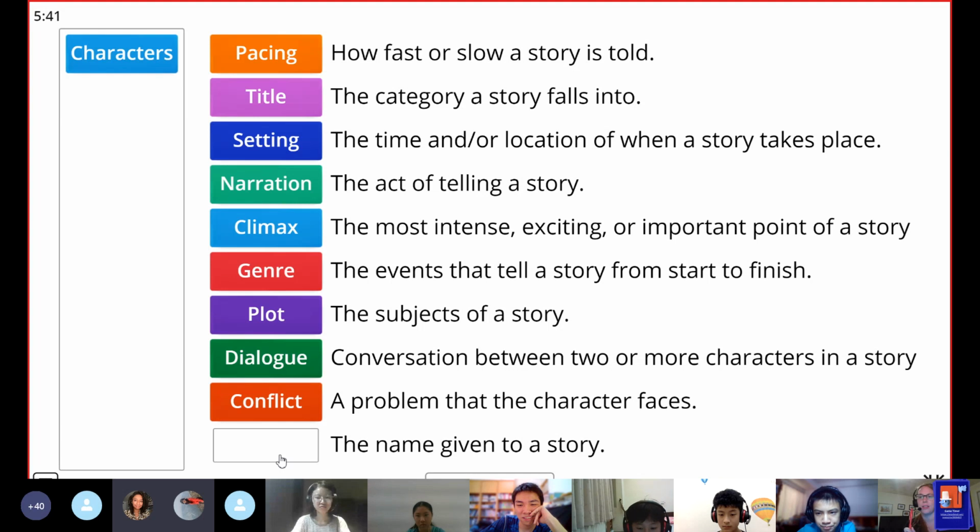Raise your hand if you think characters matches this. Anyone? All right, so no, characters doesn't quite match this one down here.